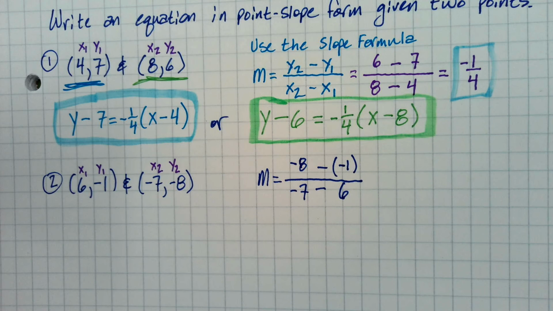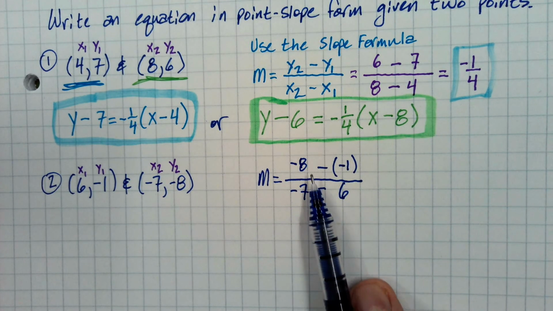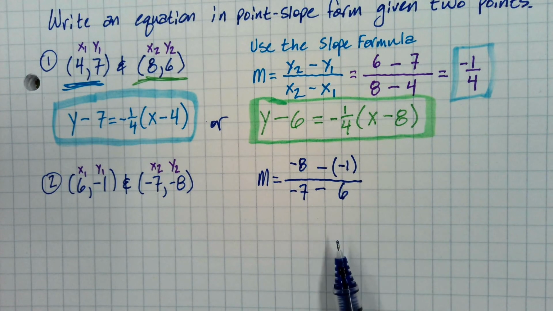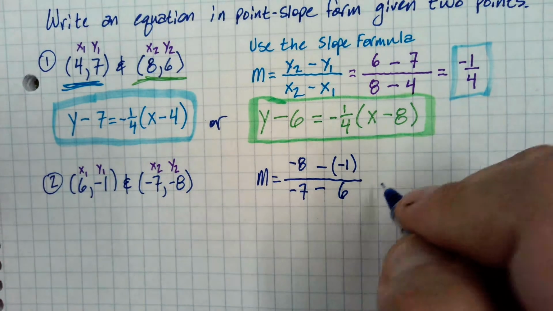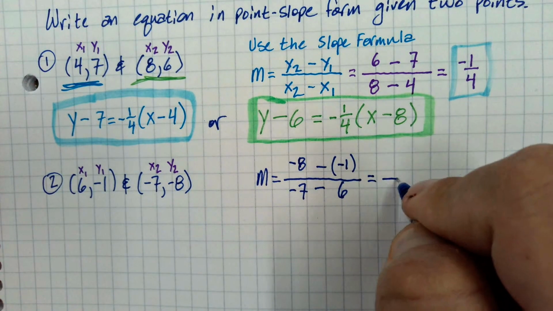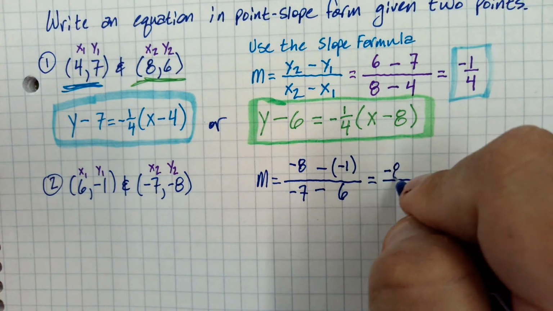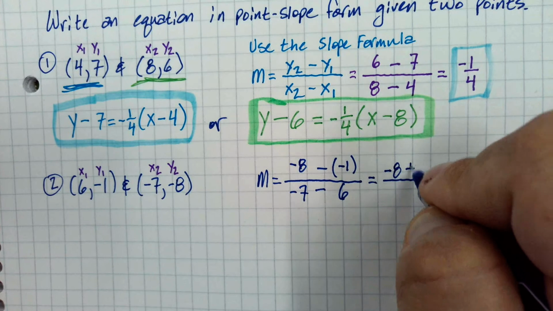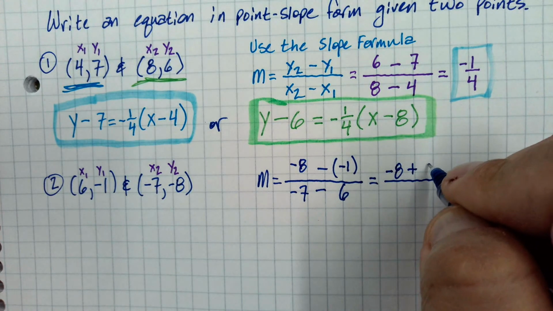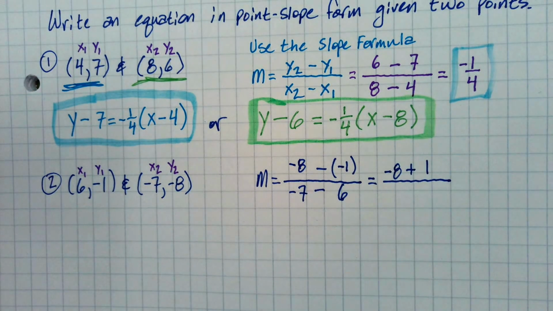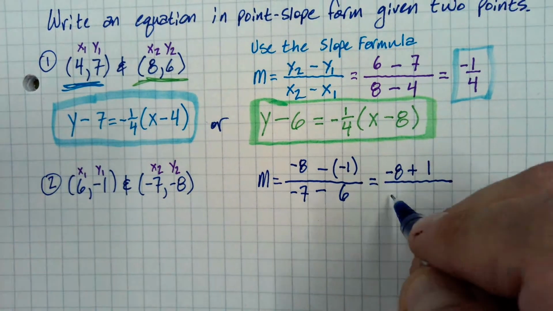In this situation, do you notice I'm subtracting and I have negatives in the numerator and denominator? It's confusing to me when I have to subtract with negatives. So I'm going to rewrite these problems as addition, doing keep change opposite. So keep it as negative 8, change it to a plus sign, and the opposite of negative 1 is positive 1. I'm going to do the same thing in the denominator.